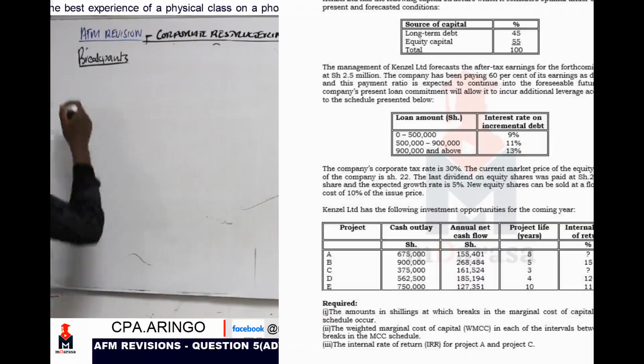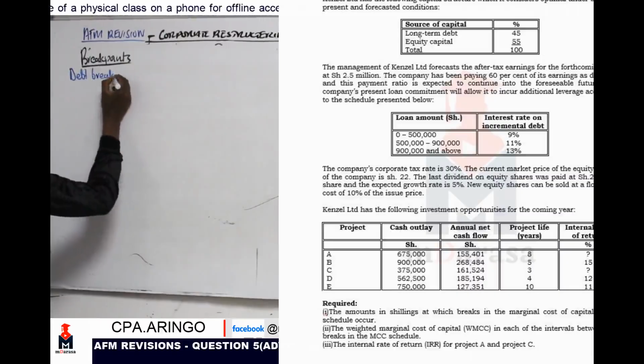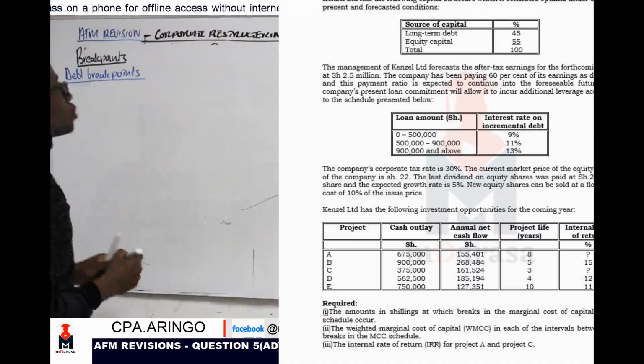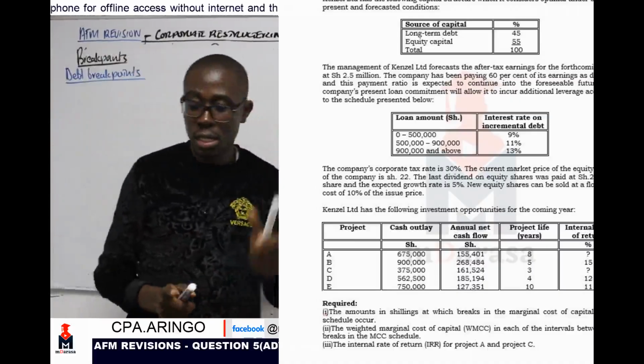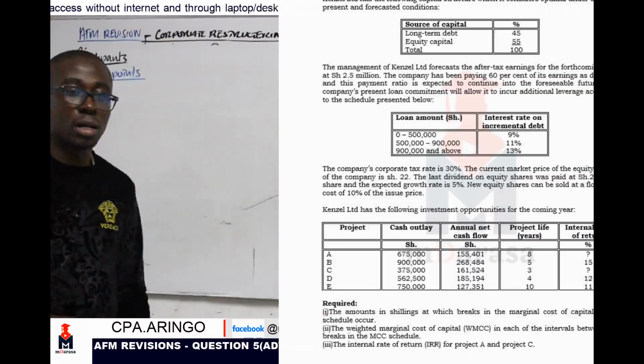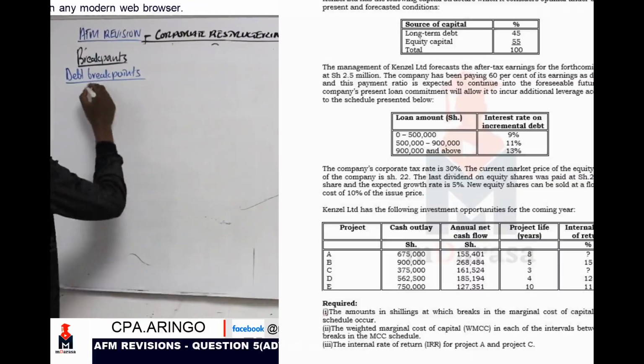In relation to our debt breakpoints, what will you be having here, my good students? I have this in terms of the ranges that I'm given, so I should be talking of the debts available.